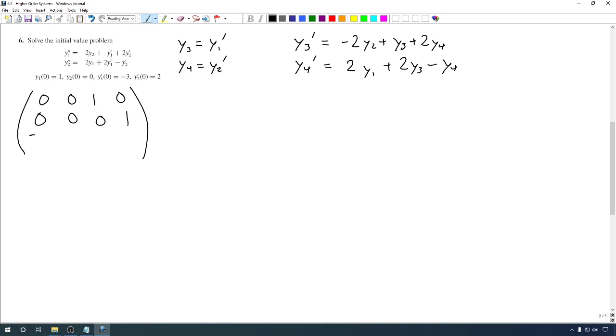Then y3 prime is going to give us negative 2, 0, 1, 2. Sorry, this is y2, so that negative 2 should be in the second slot: 0, negative 2, 1, 2. And then we have 2, 0, 2, negative 1. And this is the matrix we're going to find eigenvalues and eigenvectors for.